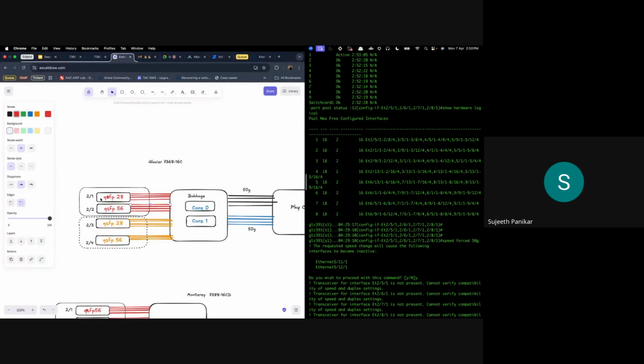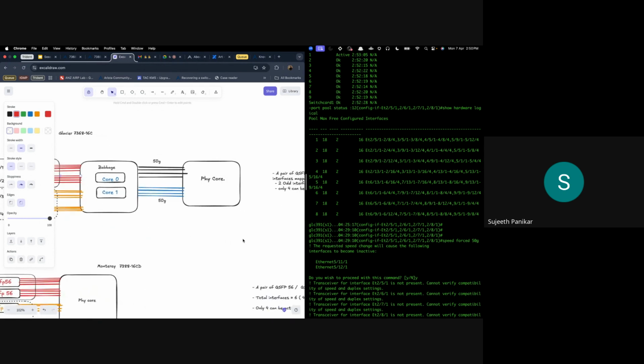Each line card is broken into an odd and even pair, and in that odd and even pair they share that core as a resource. So even there is a further limitation of 4 services. Think of it as a layered limitation. That is correct, Sujit.